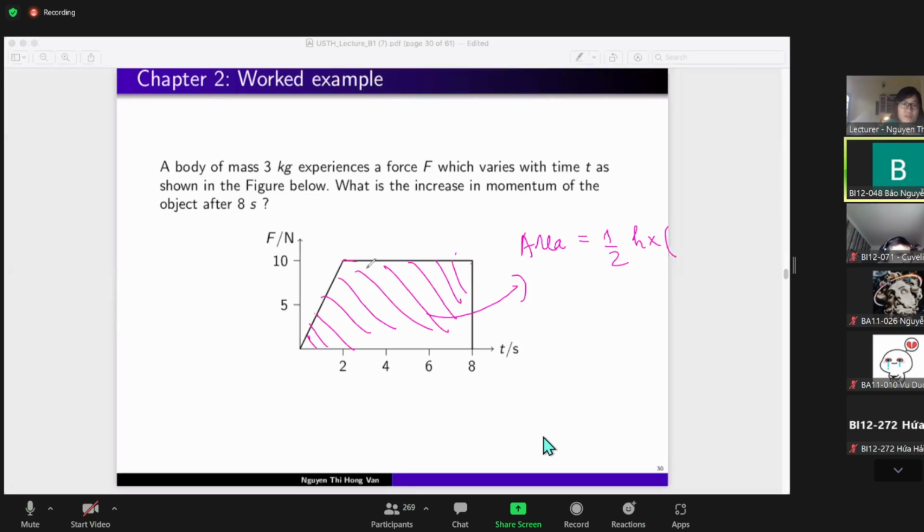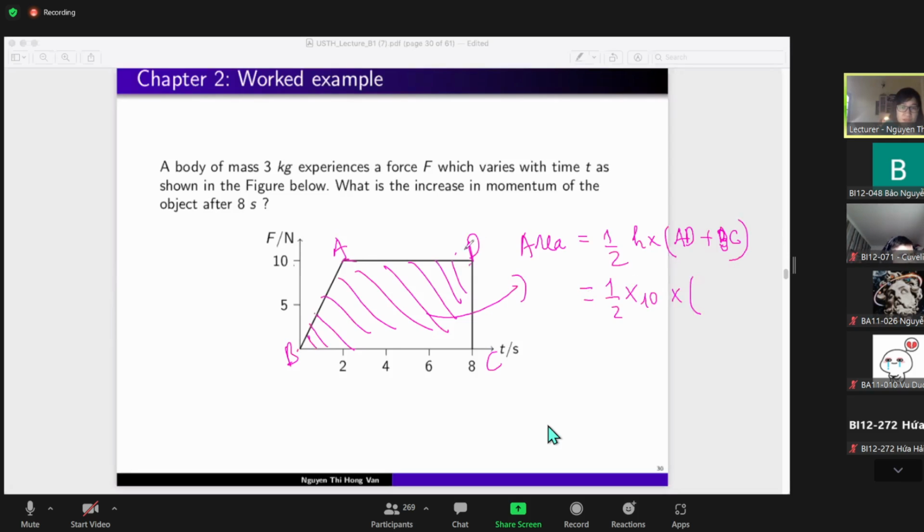So AD plus BC, and the height is 10. This AD is equal to 6 plus. Very good.